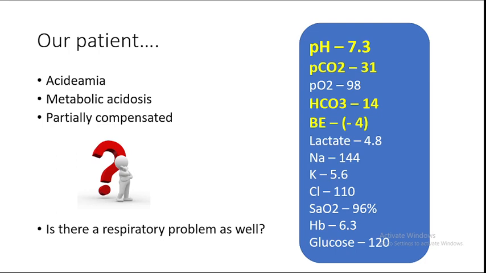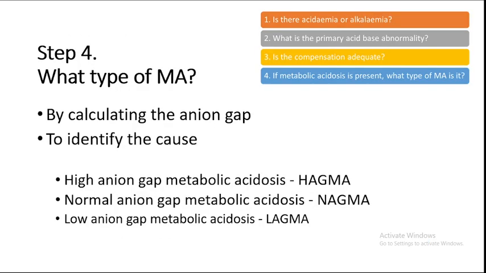We are now thinking whether there is some respiratory problem as well. Is that why the patient has not fully compensated, right? So that is some idea that you can get even without using hi-fi calculations. Even by just looking at the pH, you can come to this diagnosis. Right.